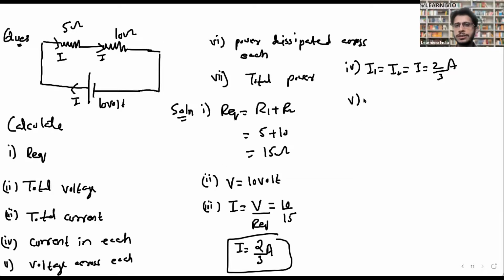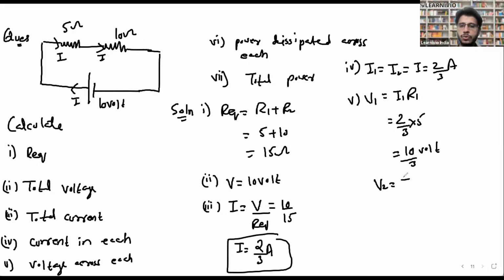Like V1 is I1 R1. I1 is 2 by 3, R1 is 5, so it's 10 by 3 volt. Similarly, V2 is I2 R2, 2 by 3 into 10, it's 20 by 3 volt.